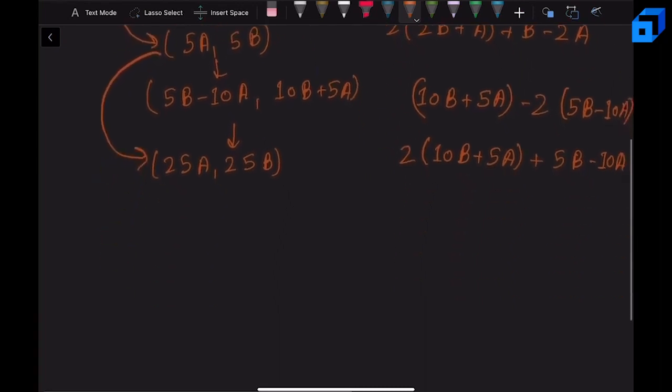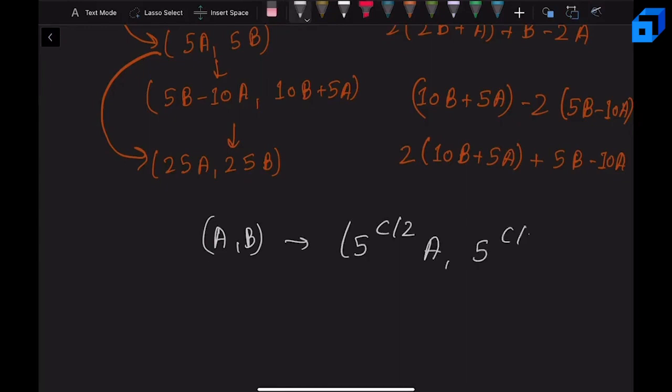So we can say that if C is even, the value of (A, B) will be (5 raised to C by 2 into A, 5 raised to C by 2 into B). But what if C is odd? For example, if C is 5, then we'll first do four operations. That is, we'll do C minus 1 operations, and we know that C minus 1 will be even. And then we will do one operation again.